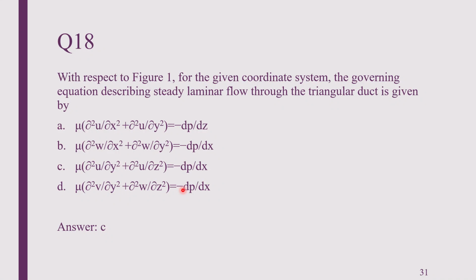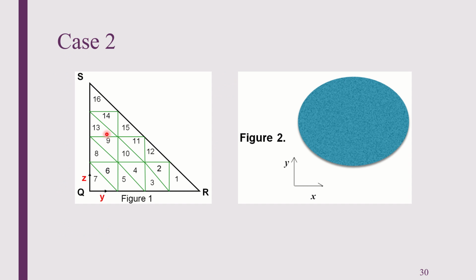Here we need to see what is given in the question. It is given steady laminar flow through the triangular duct. Here it is not a fully developed flow, so the pressure gradient is not constant. In the options, first we'll go to case 2. Flow is through a triangular duct, and we have y here and z here. So the flow is in the x direction. If we have u, v and w components, what would be the only component? We should be dealing with the u component of velocity, because the triangular duct is in the yz plane and the flow is in the x direction.